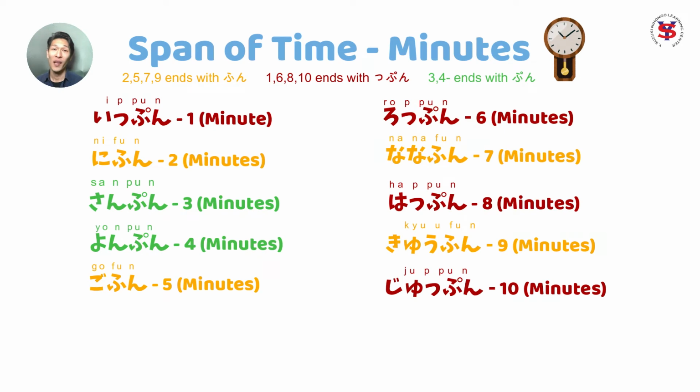So, here we go. 1 minute, ippun. 2 minutes, nifun. 3 minutes, sanpun. 4 minutes, yonpun. 5 minutes, gofun. 6 minutes, roppun. 7 minutes, nanafun. 8 minutes, happun. 9 minutes, kyufun. And 10 minutes is juppun.